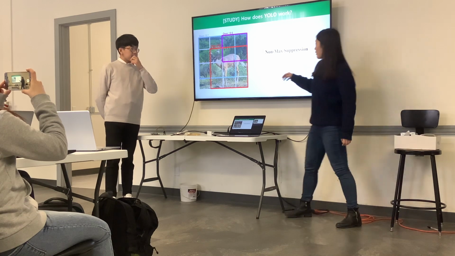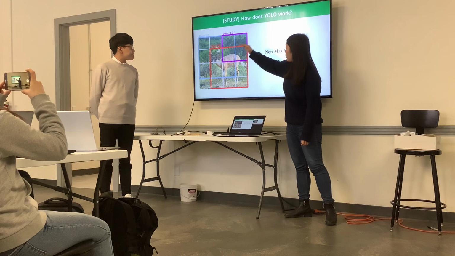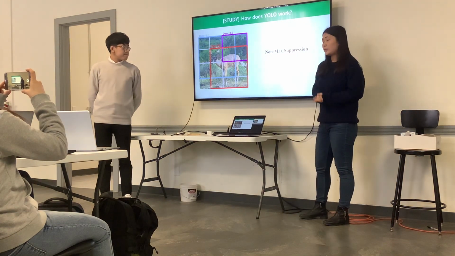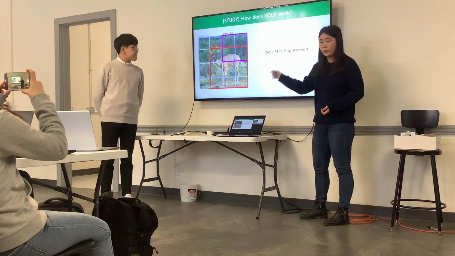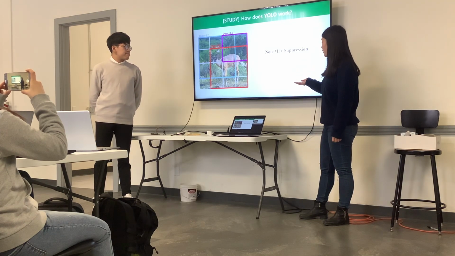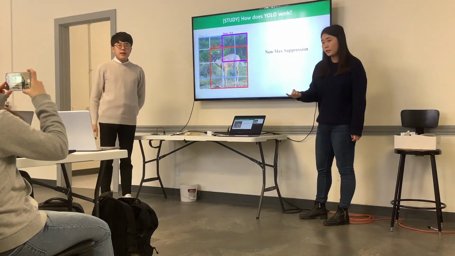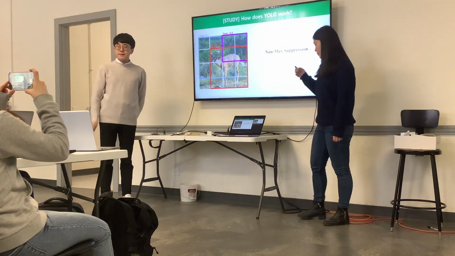It is not wrong because there is a deer in this red box, and there is a deer in this purple box, and that box too. But because there is only one deer here, we want only one result. So by using non-max suppression, YOLO will choose one bounding box with the highest value.